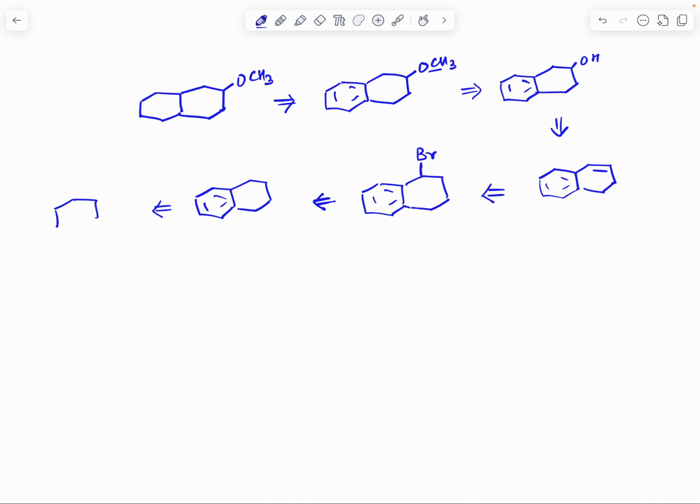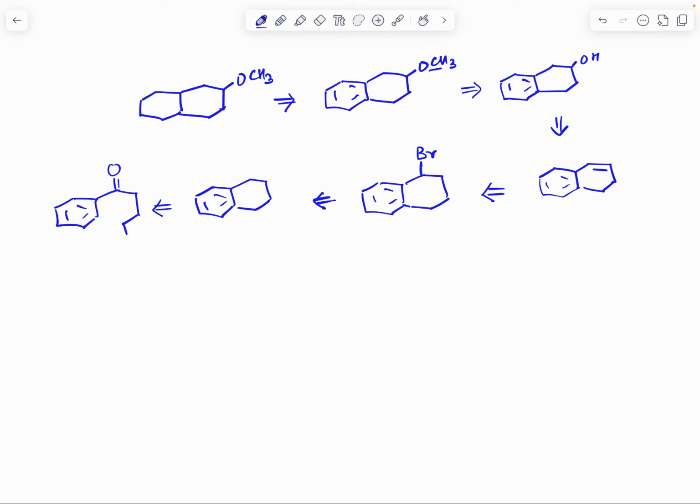So that could have come from a Friedel-Crafts acylation, which means that it would have to be a double acylation. So something like this. These two would have to be added. And then that could be from this starting material and this kind of acid chloride.